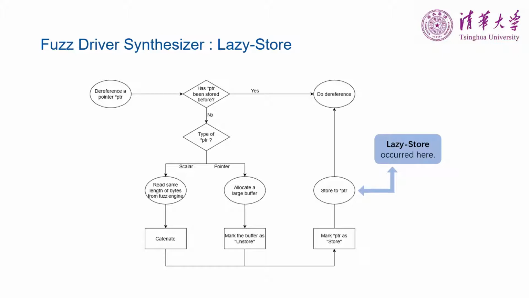Or else, IntelliGen allocates a large buffer and marks the buffer as unstored, then assigns the beginning of the buffer to the pointer. With the instrumented library, we can pass a raw pointer to a pointer type argument of the entry function to fuzz without filling it in. In this way, we can easily build the fuzzer's interface function LLVMFuzzerTestOneInput.